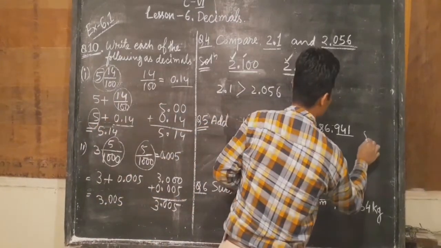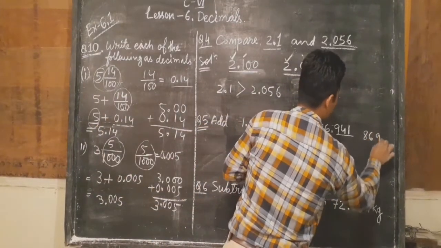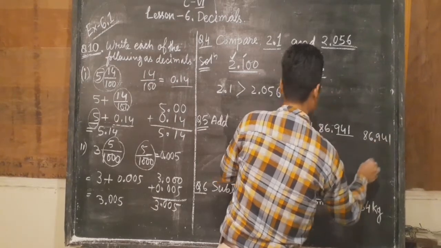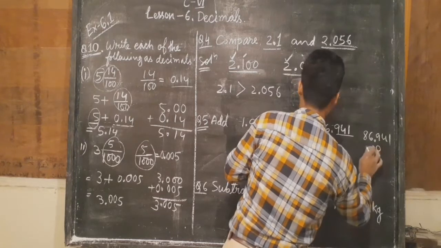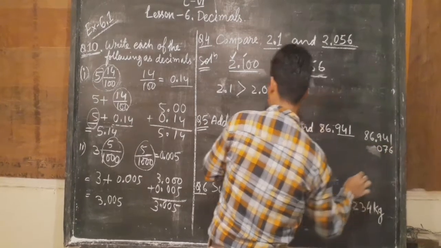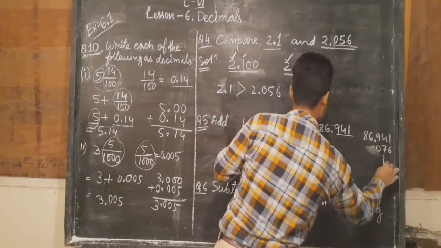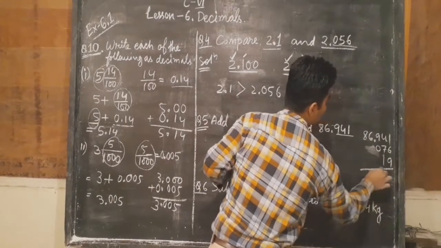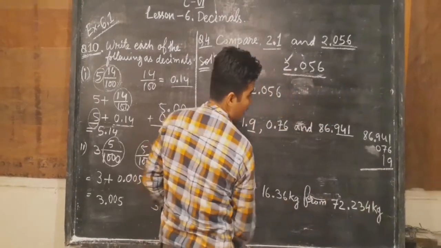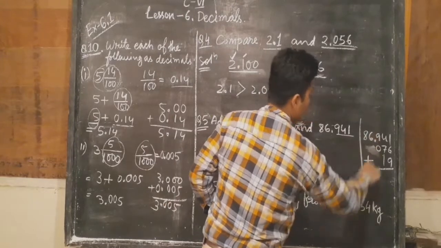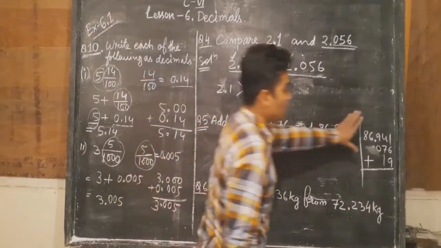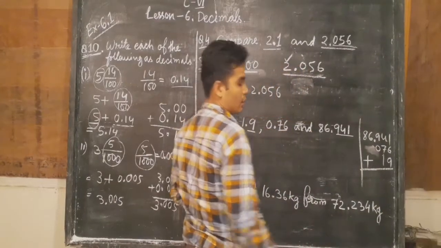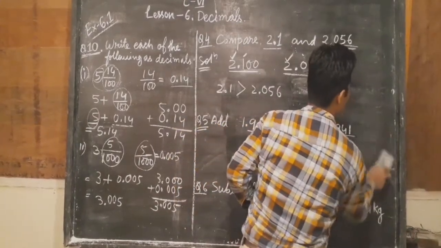They normally do like this: 8 6 9 4 1, and 0, 0, 7, 6 and 1, 9. They used to arrange decimal numbers like this, but this is the wrong way to arrange the decimal number. So I will show you.